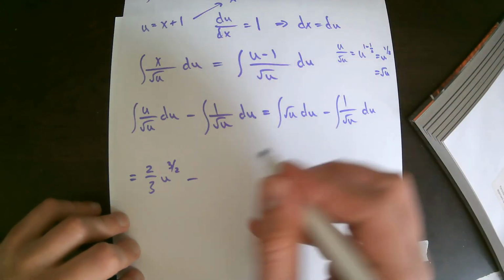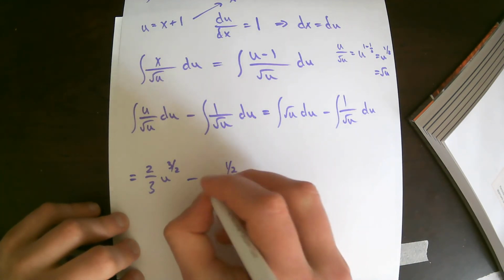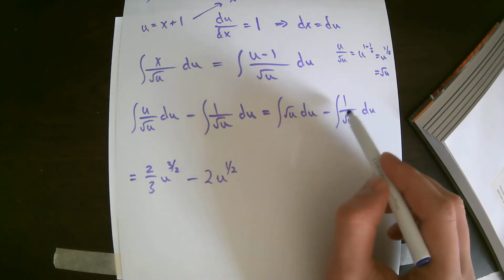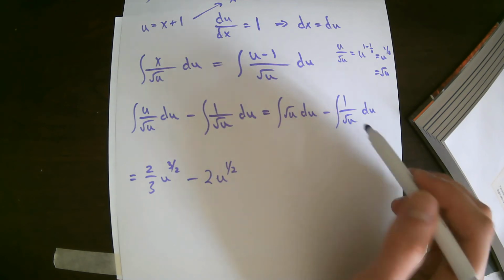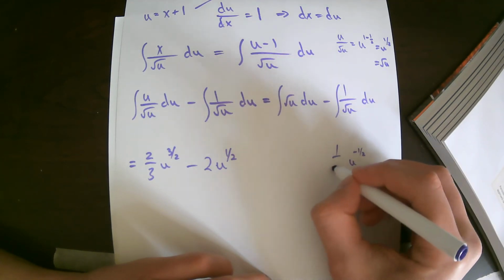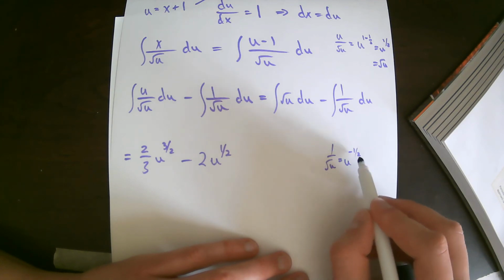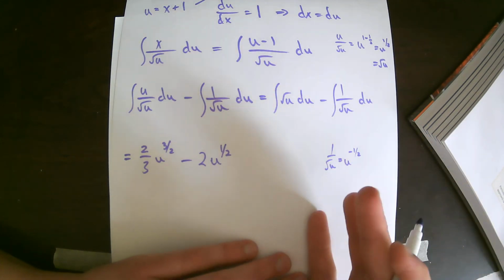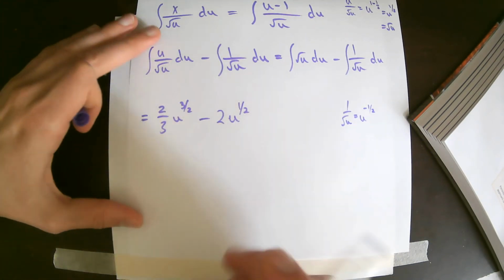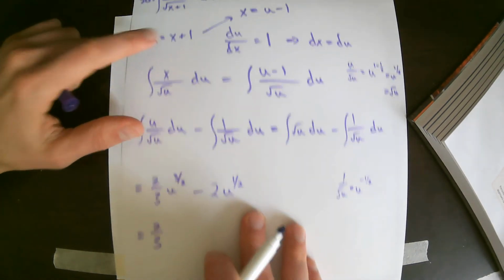So this is u to the negative 1/2, and the power rule for integration says to add 1 to this, which would make it a positive 1/2, and then divide by that new power. And dividing by 1/2 is the same as multiplying by 2. So there we go. Here's all set up, and now replace u with x plus 1.